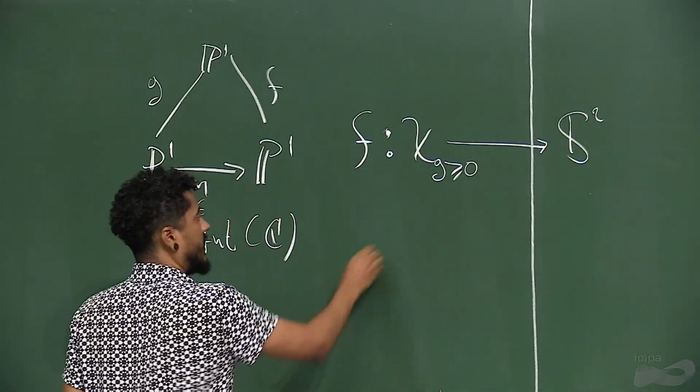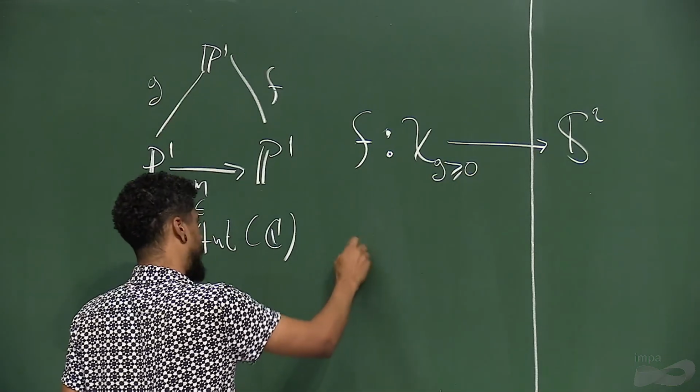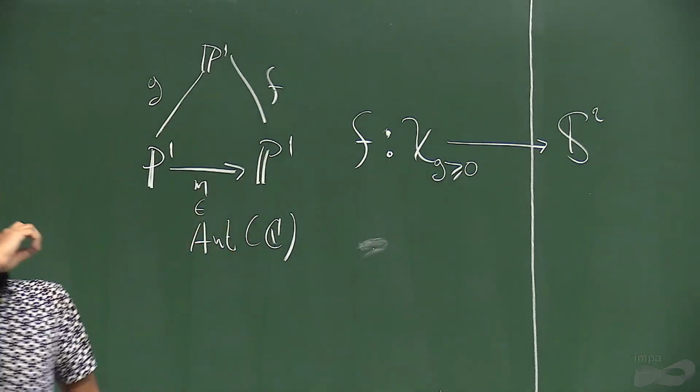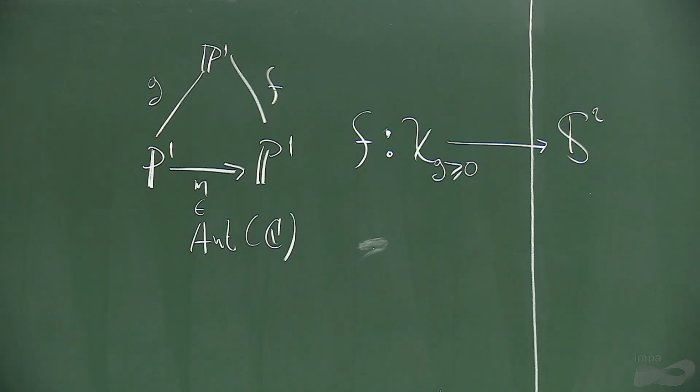The critical points no longer must have degree only 2, and you can now have more than one critical point with the same image.